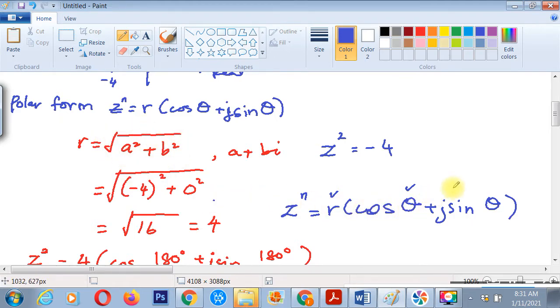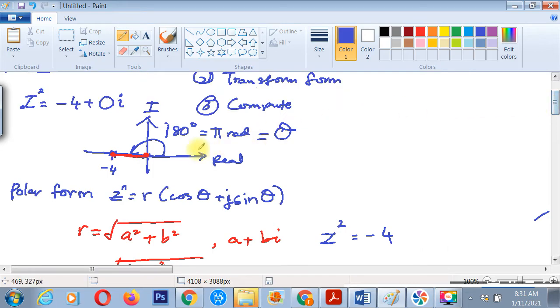And then for the theta, we need to draw this like this. So if the point is here or here, the distance will be r here. Let's say this is a, this is b, and this is negative b.